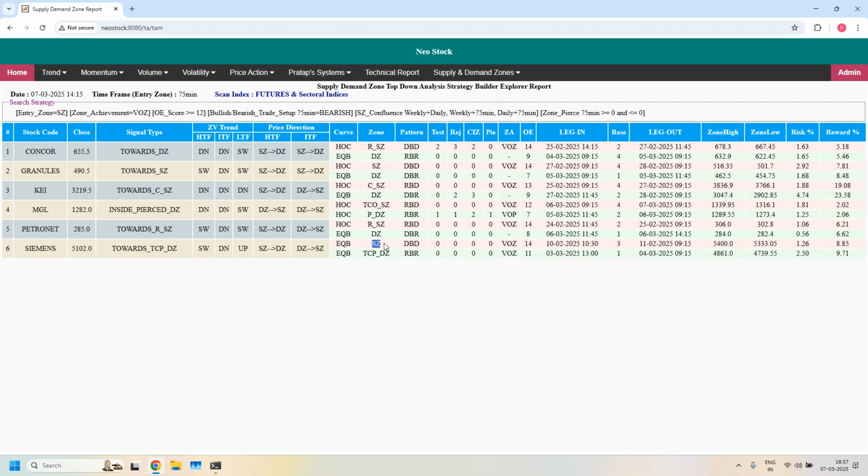So these 75 minute supply zones have LTF, ITF, HTF supply zone confluence. How are they HTF? First 75 is inside daily, and then both together are inside the weekly supply zone. 75 and daily together are part of the weekly supply zone. That is the zone confluence.